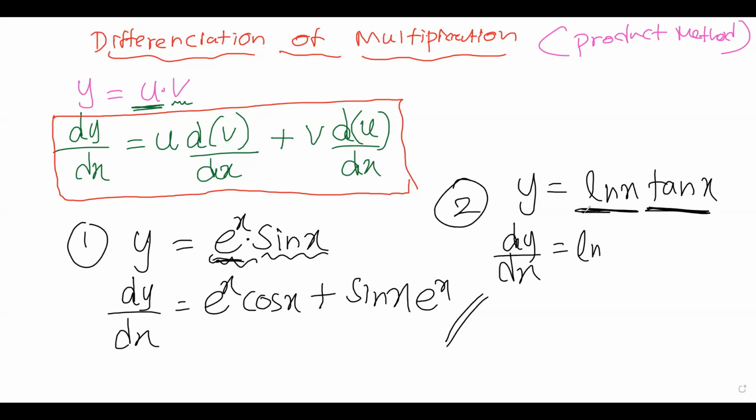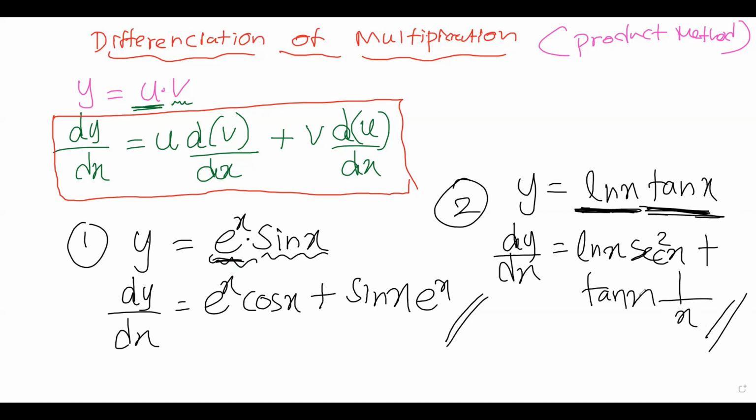I write the first variable, ln x, and the derivative of the other one, which should be sec squared x, plus. Now what is the other part? I write tan x and the derivative of ln x, which should be 1 over x. You can just write it like this. Simply take this.